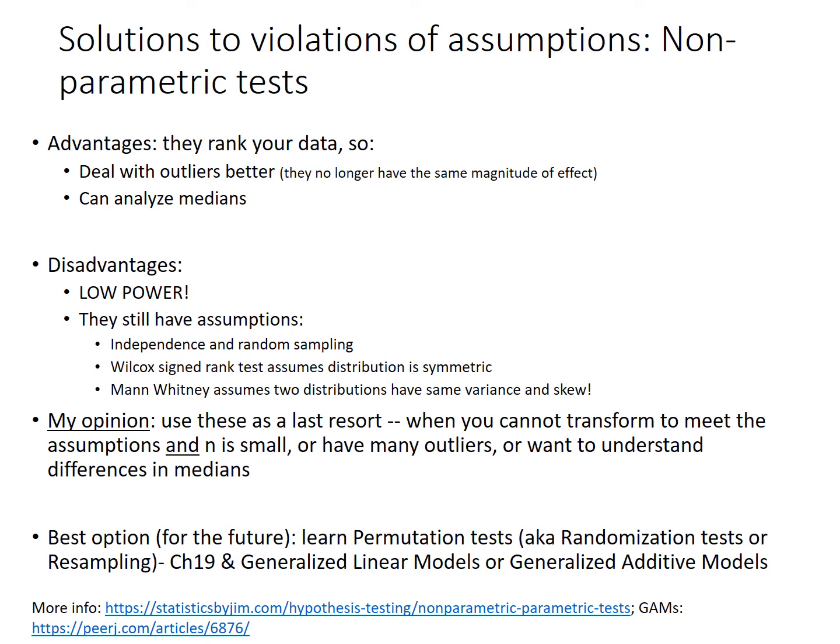So again, I want to highlight finally that there are better options. So in the future, I wanted to guide you towards learning about permutation tests, or what we call resampling and randomization tests, which are really cool new approaches to data, where you essentially shuffle up your data randomly into your groups and then repeat this many times to create your null distribution.